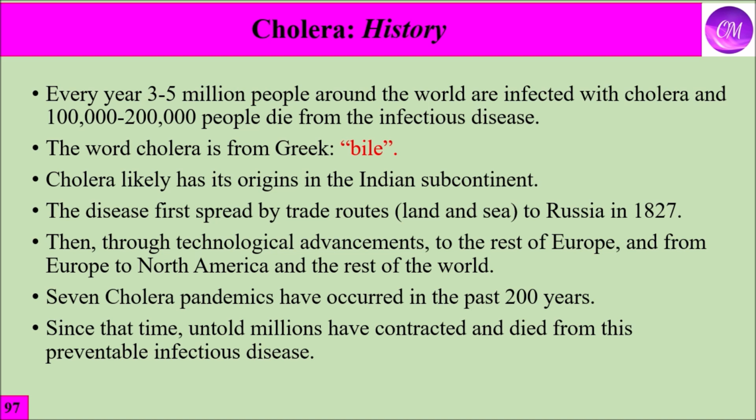Then through technological advancements to the rest of Europe, and from Europe to North America and the rest of the world. 7 cholera pandemics have occurred in the past 200 years. Since that time, untold millions have contracted and died from this preventable infectious disease.